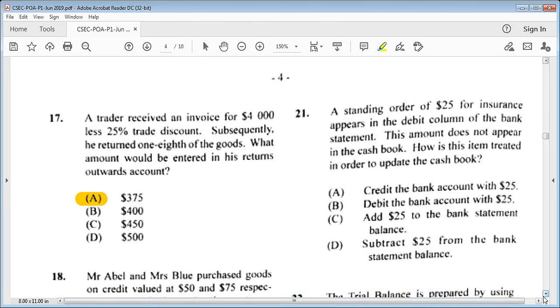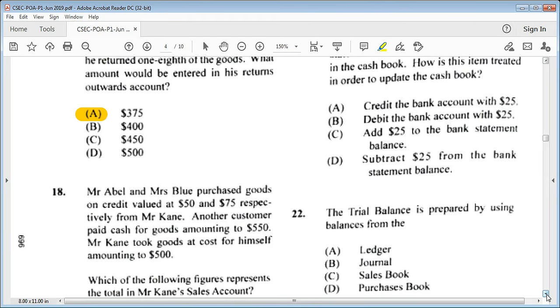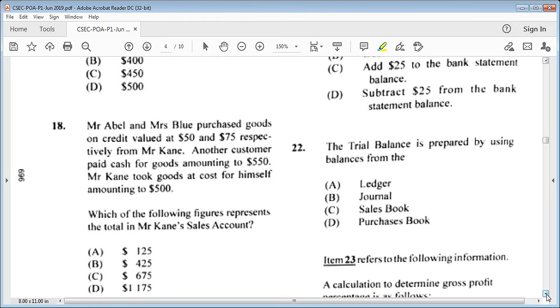Let's move on to 18. Mr. Abel and Mrs. Blue purchased goods on credit valued at $50 and $75 respectively from Mr. Kane. Another customer paid cash for goods amounting to $550. Mr. Kane took goods at cost for himself amounting to $500. Which of the following figures represents the total in Mr. Kane's sales account?